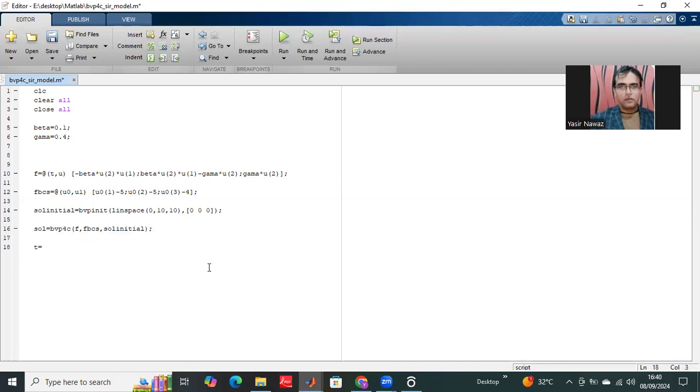The solution will be t. So I will divide 0 to 10 into 50 grid points, and then for U, I have a dependent variable U, so I use deval, and the solution will be evaluated at the point t.